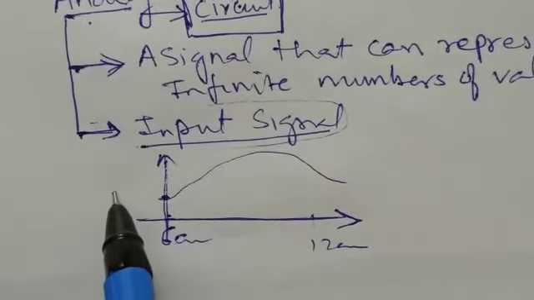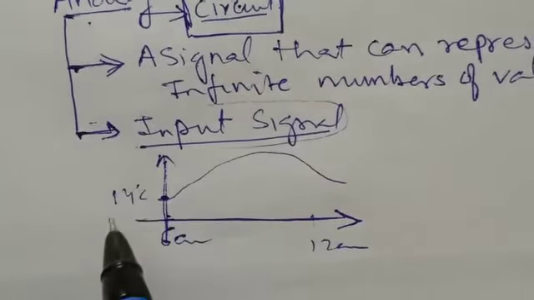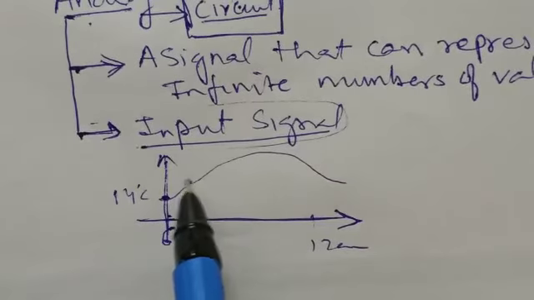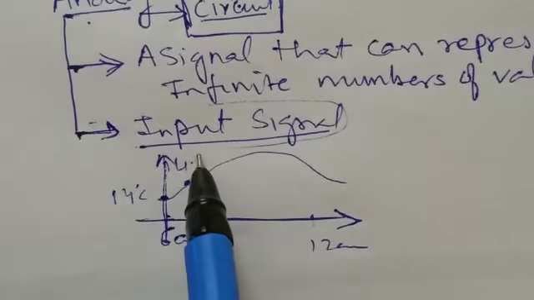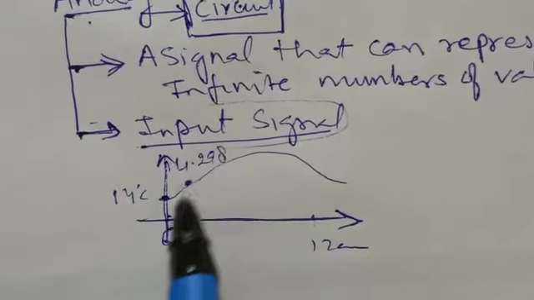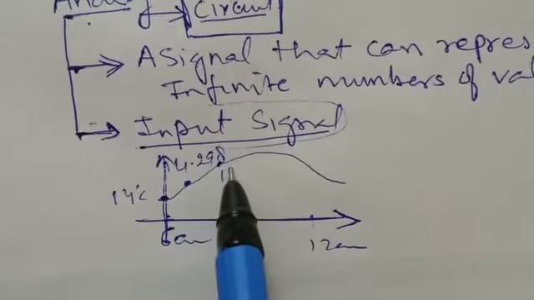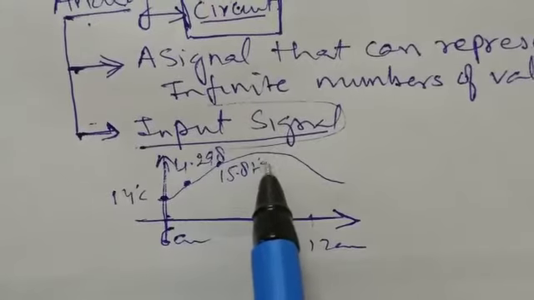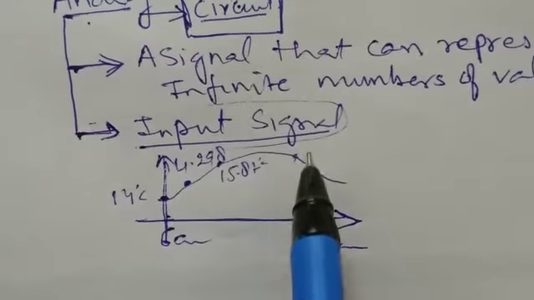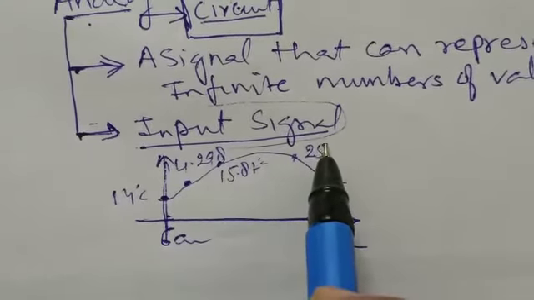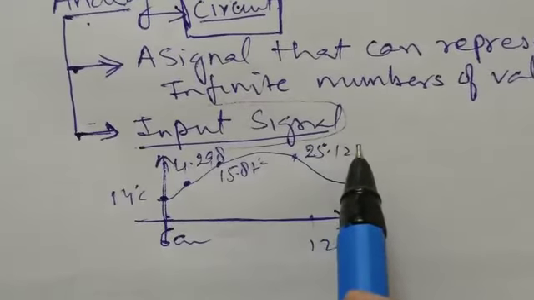Suppose in the morning the temperature was 14 degrees centigrade. After some while it was 14.298 degrees centigrade. Then 15.87 degrees centigrade. Suppose it is now 25.12 degrees centigrade.